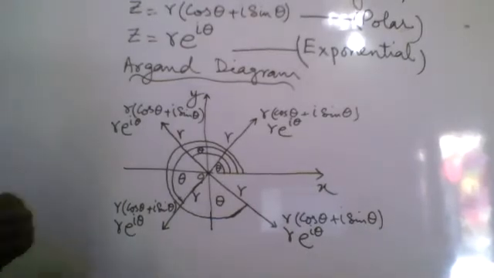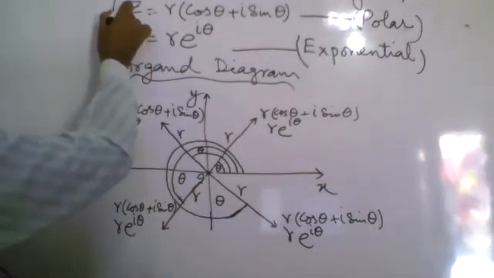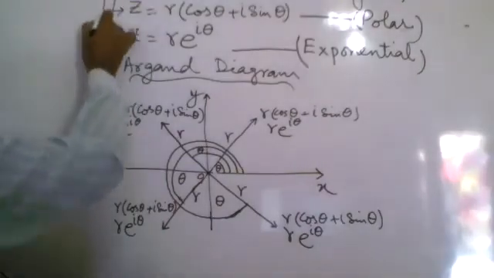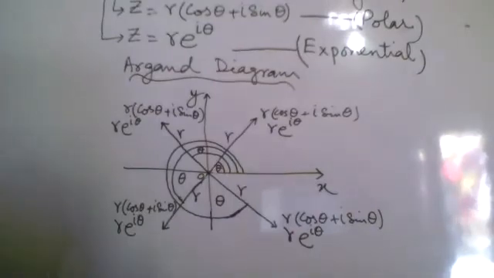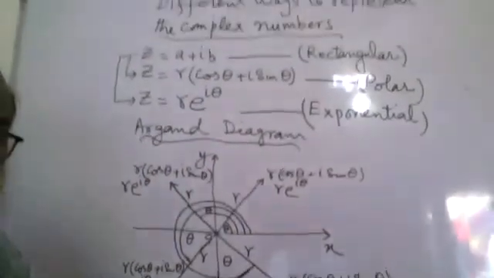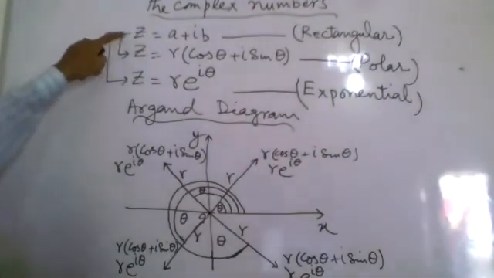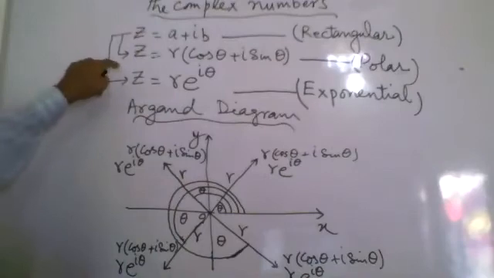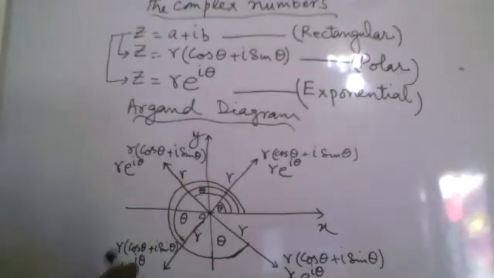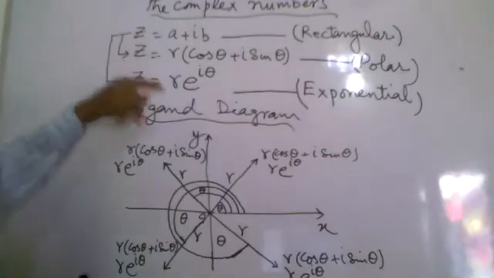That means from rectangular into polar, or rectangular into exponential. The method is the same.